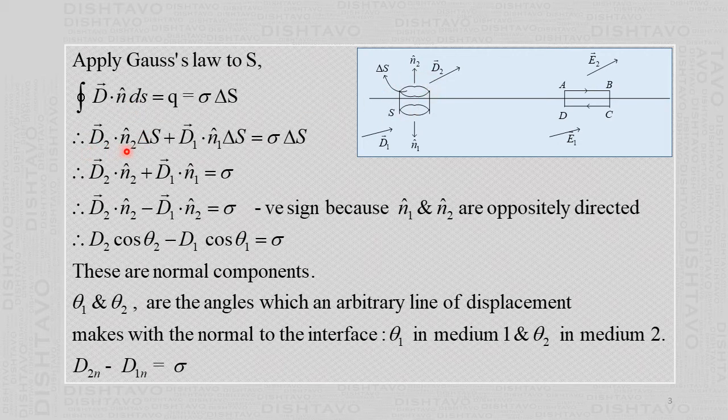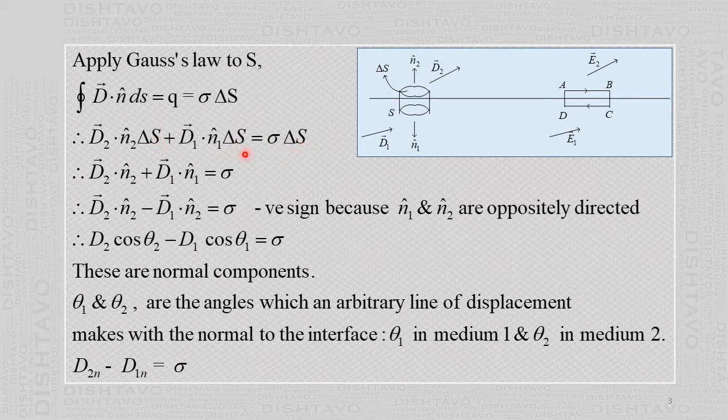So we have D2 dot n2 cap times the area delta S, plus the quantity D dot n dS for the lower surface, where the area is delta S and the displacement vector is D1. Here the area vector is perpendicular outward, because the direction of the area vector is always perpendicular outward from the closed surface, so it is directed this way and we denote it as n1 cap, and that is equal to sigma dS.